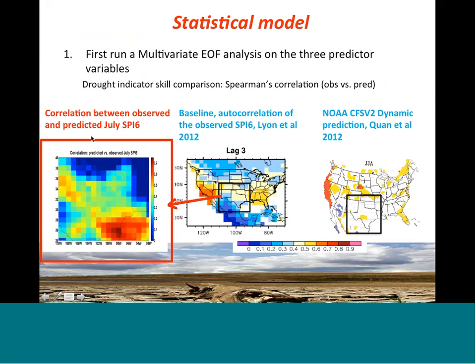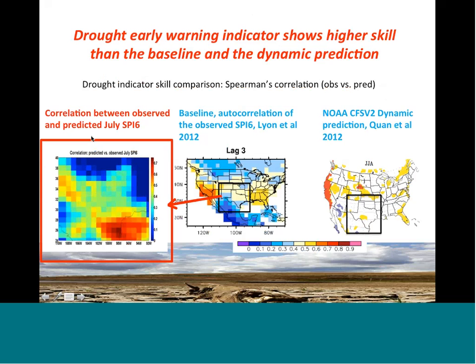So this figure shows the correlation between predicted 6-month SPI in July and observed 6-month SPI in July for the Southern Great Plains domain, versus the autocorrelation between April SPI6 and July SPI6.